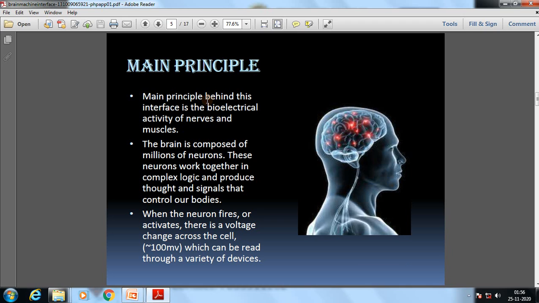When a neuron fires or activates, there is a voltage change across the cell, approximately 100 millivolts, which can be read through a variety of devices. So this is the basic main principle of a brain machine interface. Let's go to the next slide.